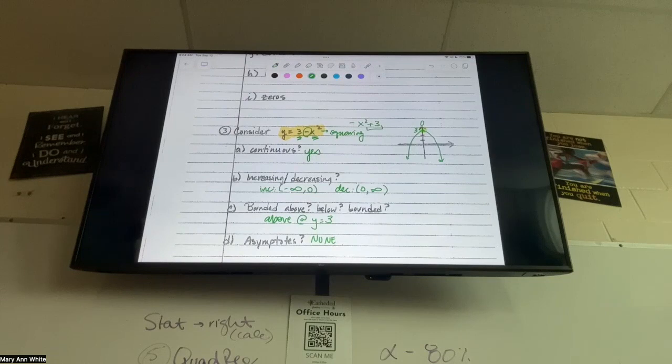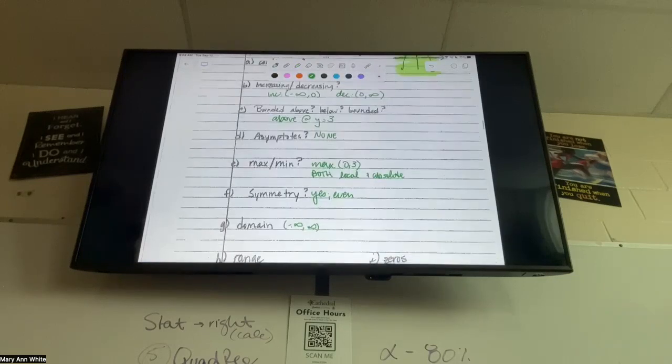Not all reals. I think we're just looking at these y's down here. So what's the highest y we can get to? 3. And then everything below it is fair game. So we're gonna go negative infinity to 3, and we're just gonna put a bracket with that 3.